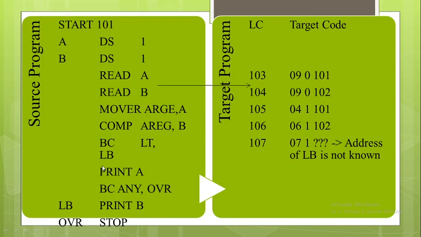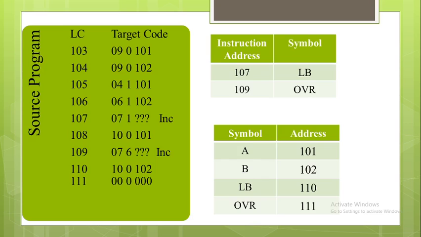The entry 107 with the symbol LB is inserted into this table of incomplete instructions. Also, the instruction BC ANY OVER is partially synthesized, and the entry 109 with the symbol OVER will be added into the table of incomplete instructions.